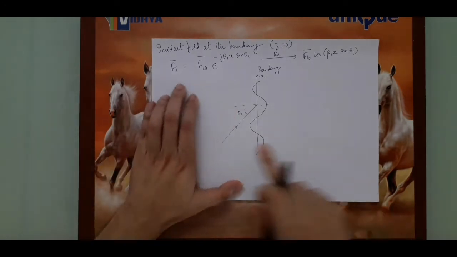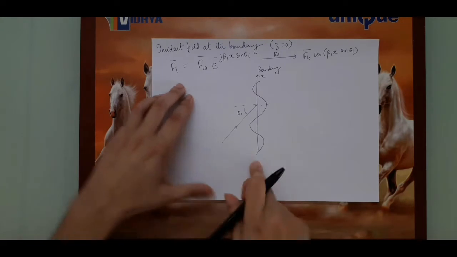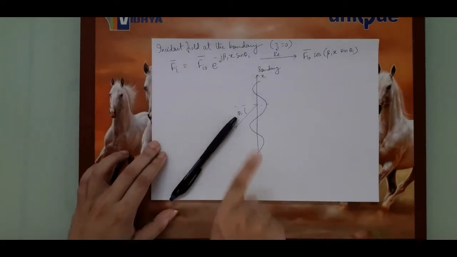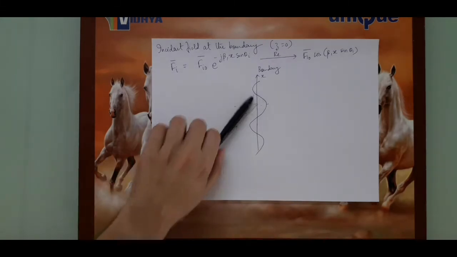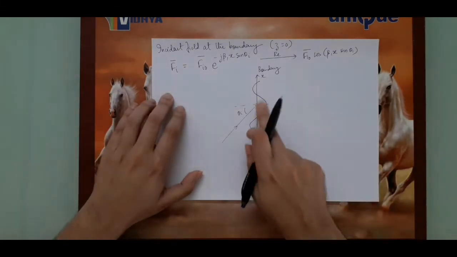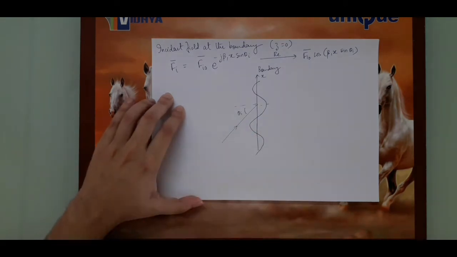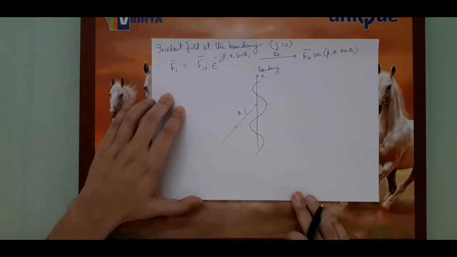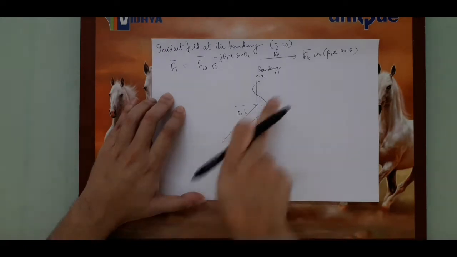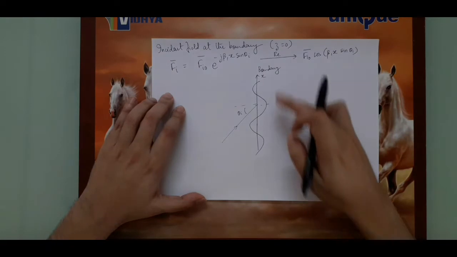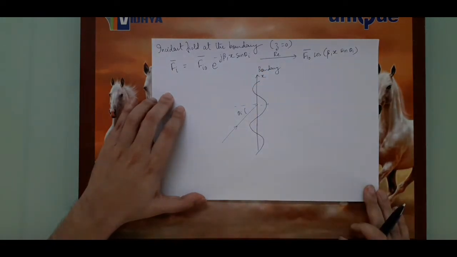So if you are observing from medium 1, where the wave is hitting the surface this way, the person sitting in medium 1 observing the surface from this side says that my wave which is hitting the surface is the aggressor, or it is causing the surface disturbance.